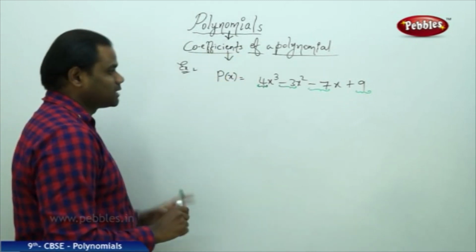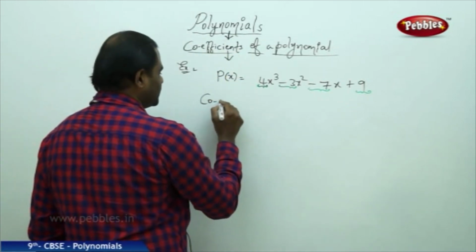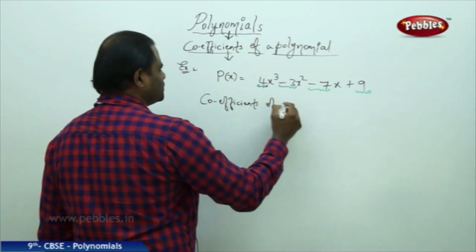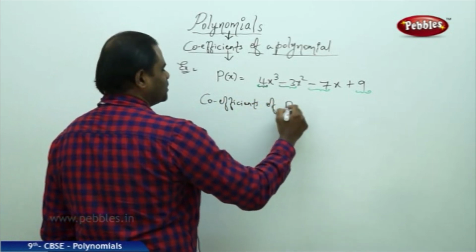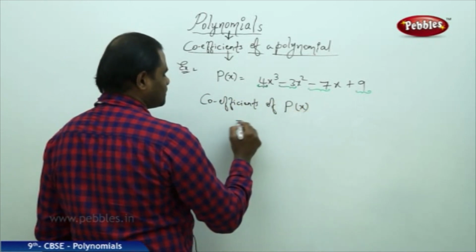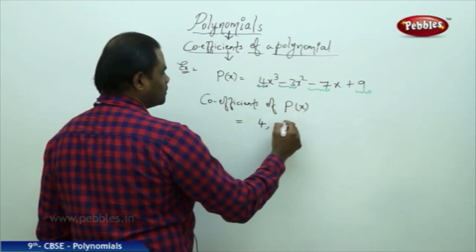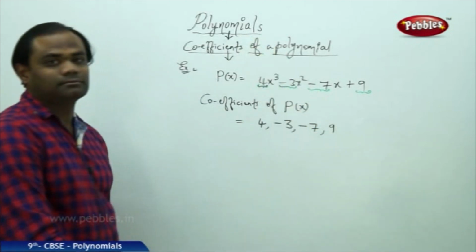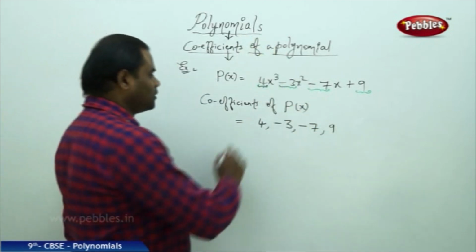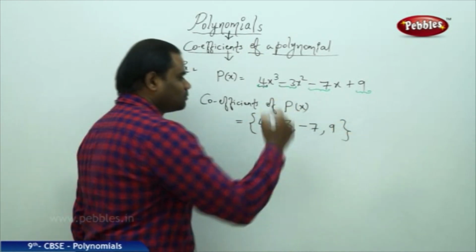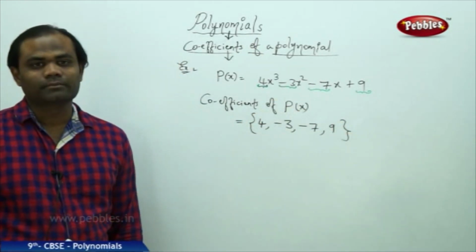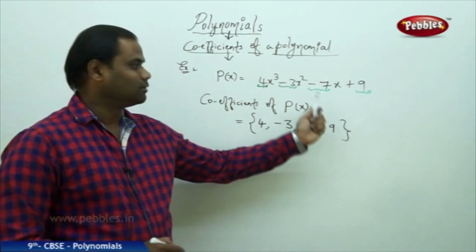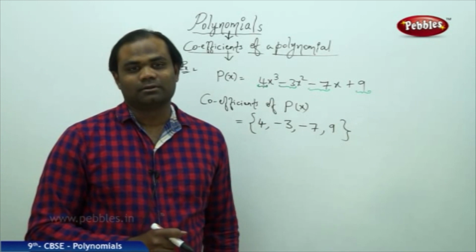Therefore, here in this example problem, I identify that the coefficients of the polynomial p of x are 4, -3, -7 and 9. The coefficients are 4, -3, -7 and 9 for this given polynomial.